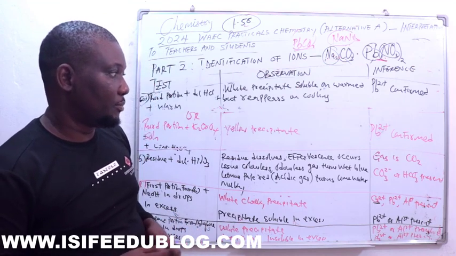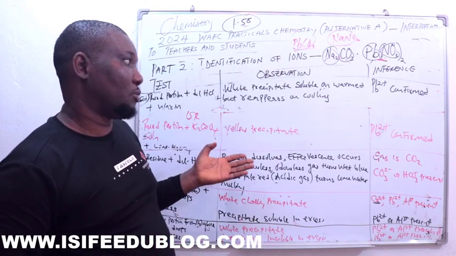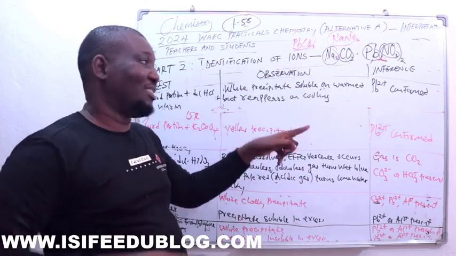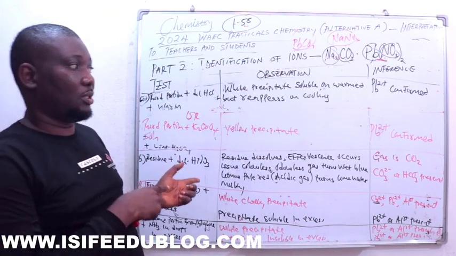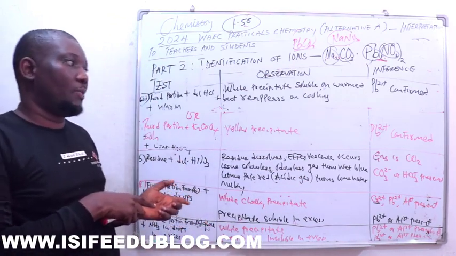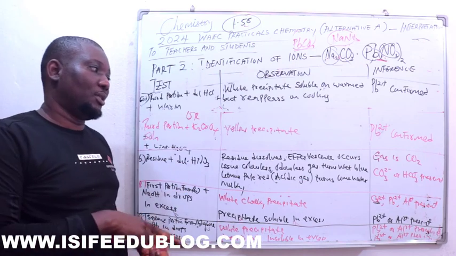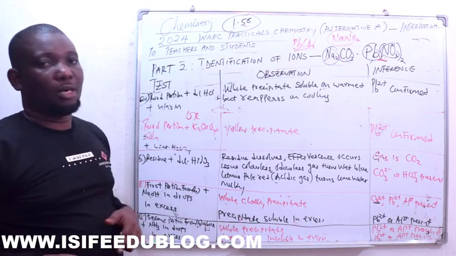So the two inorganic salts would be lead carbonate and a metallic nitrate, or lead nitrate and a carbonate salt.